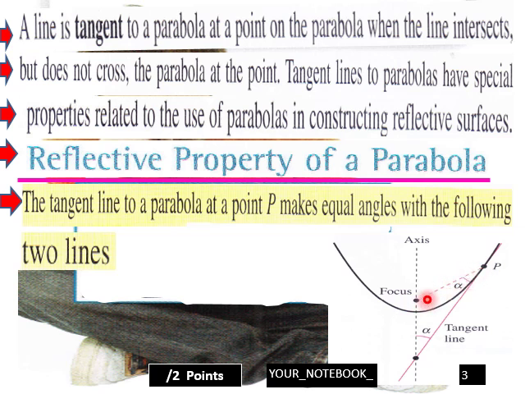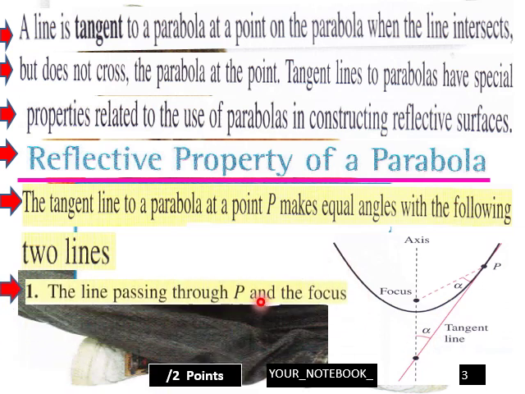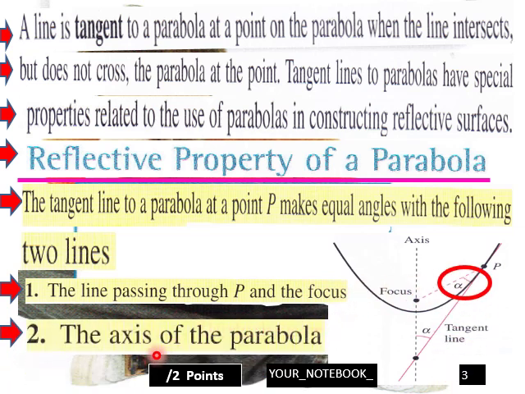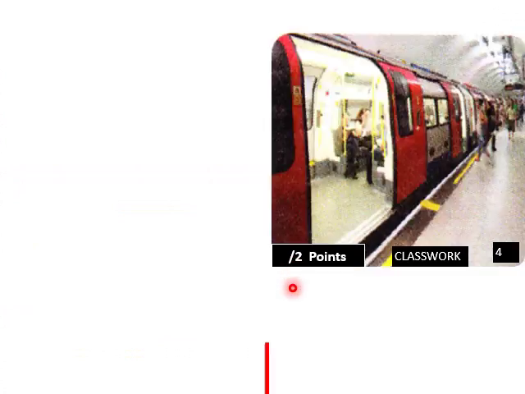So this angle between our focus and P, guess what? 1, the line passing through P and the focus, which is this line here. And 2, the axis of the parabola. So here is our axis, here the parabola, and down here we have another angle.